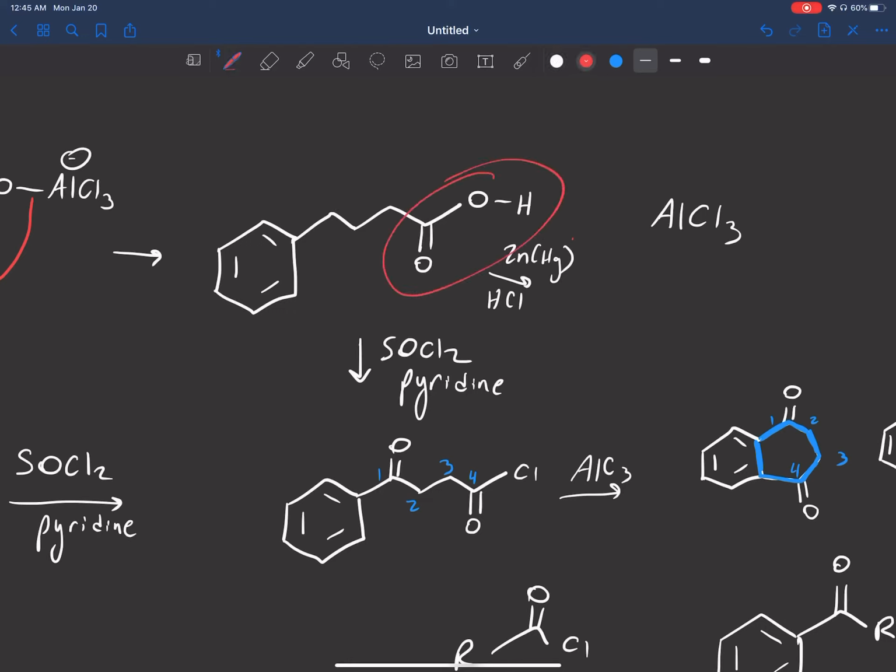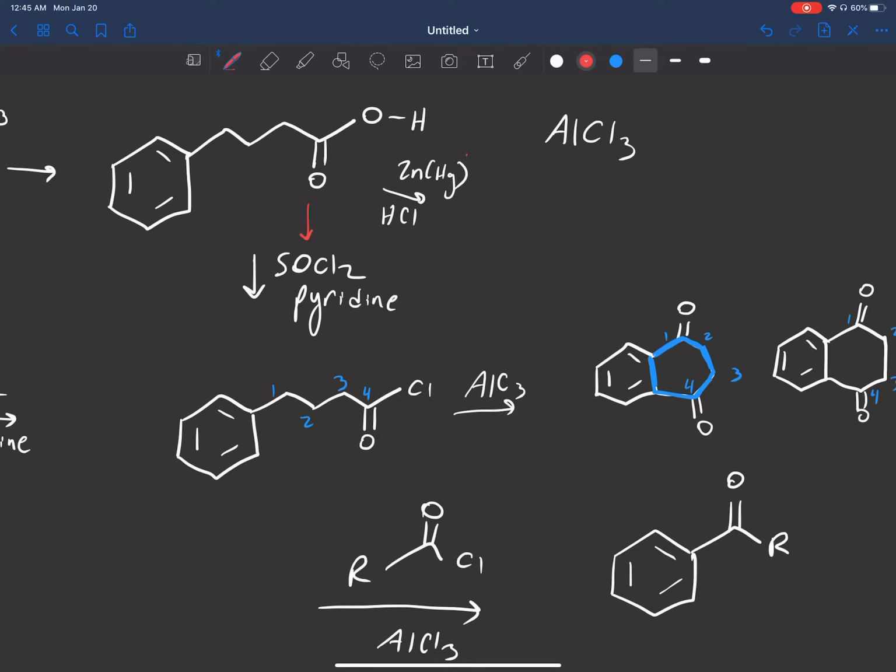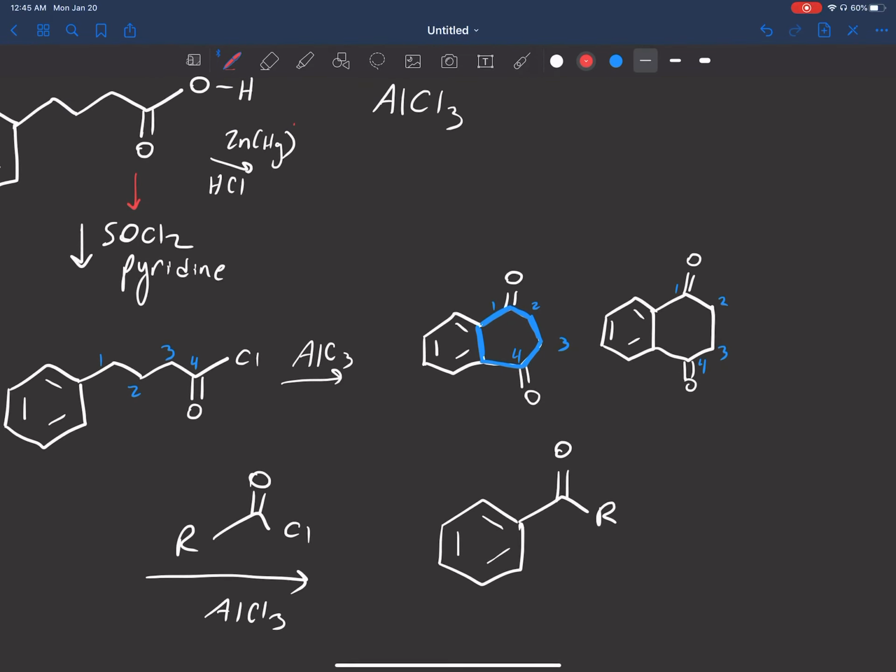Right, now we'd have only this guy. Then gone to this step, SOCl2 over pyridine, and we'd have this, remember, without that carbonyl. And then our final answer wouldn't have this carbonyl in it. It would just have this bottom one.